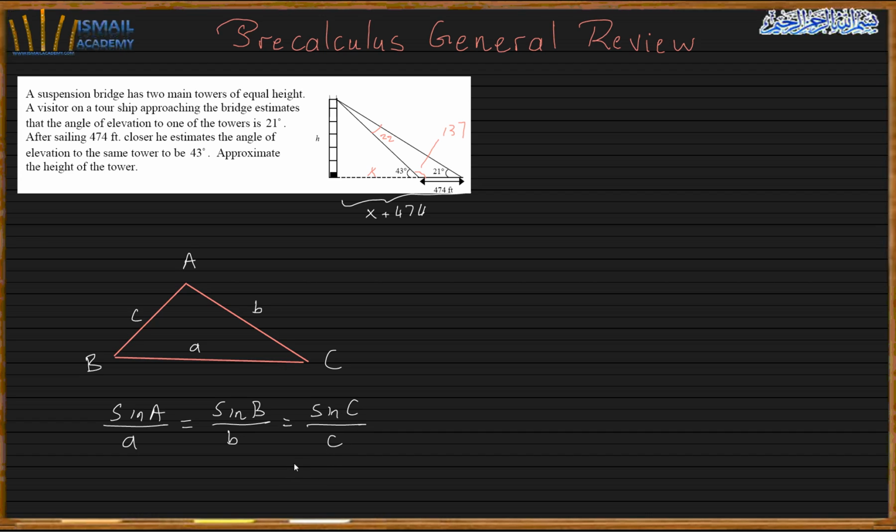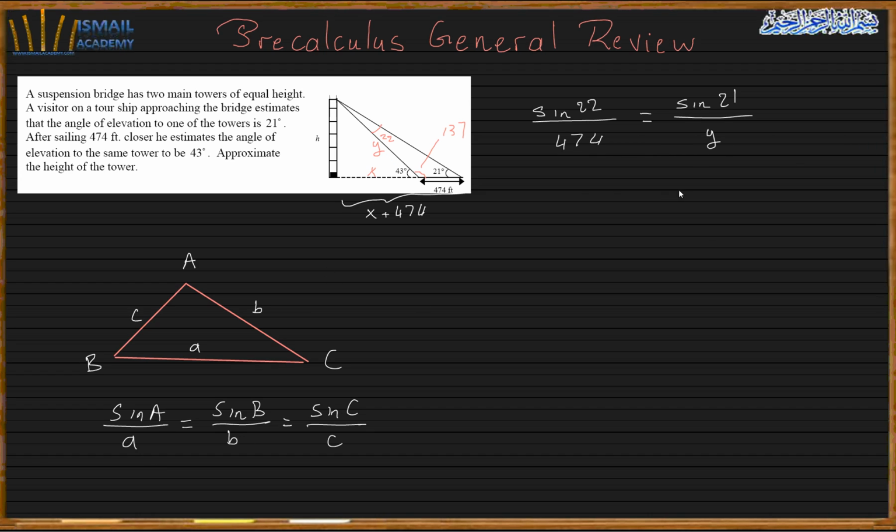How can I use this idea here? Here I have 22 with side 474, so sine of 22 over 474 is equal to sine of 21 over, and I will name that opposite side, for example, y, so over y.